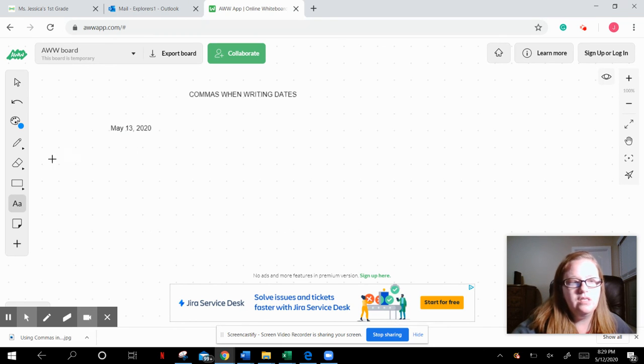So if you'll notice right here, between my 13 and the 2020 is a comma. And the reason that we have that is so that we are able to show that those are 2 separate numbers. So, see if I can make this any bigger for you guys because that was kind of small.